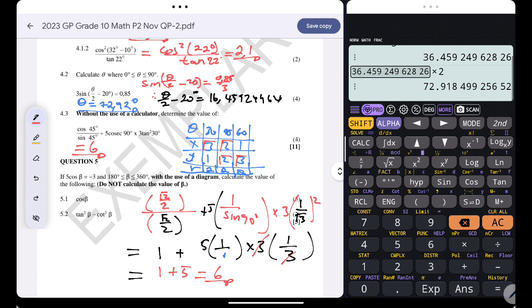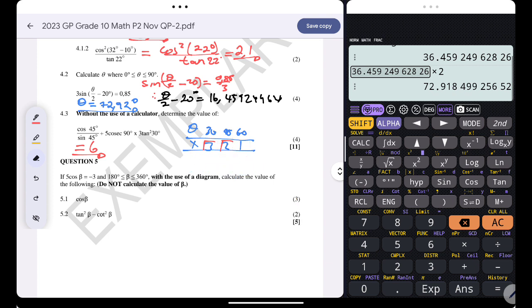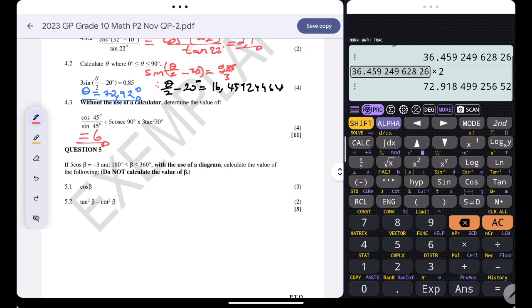Okay. And then now I'm supposed to do question 5, right? Question 5 is just a typical tick and draw question.